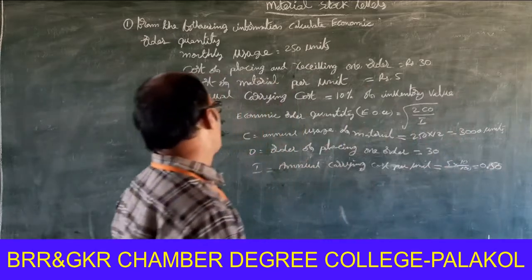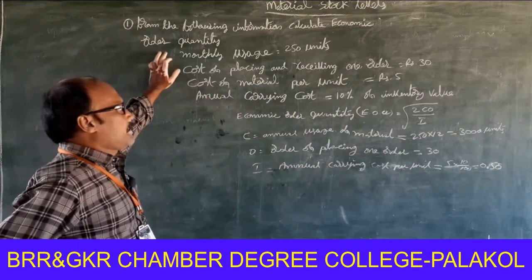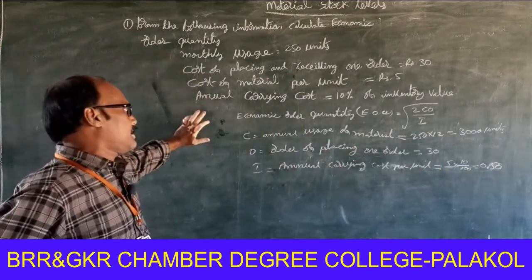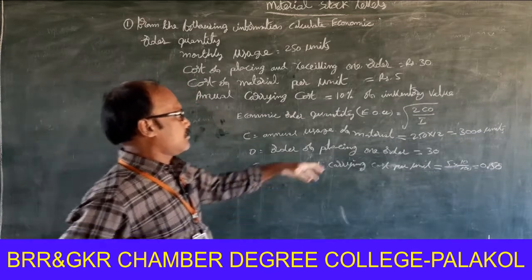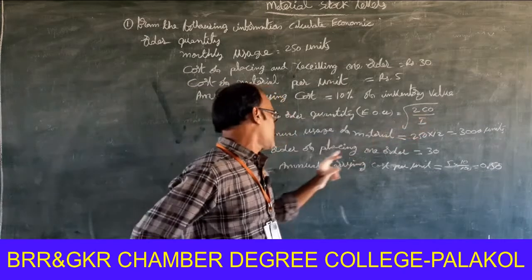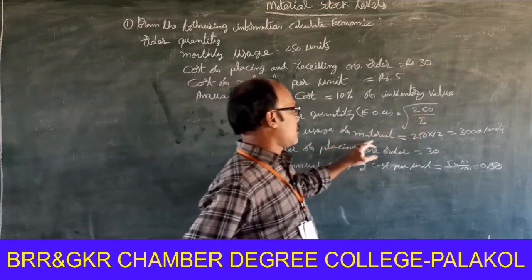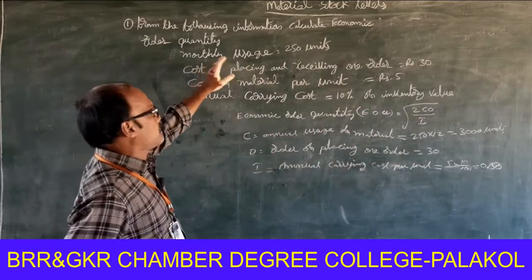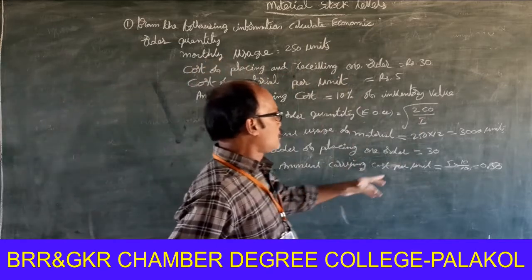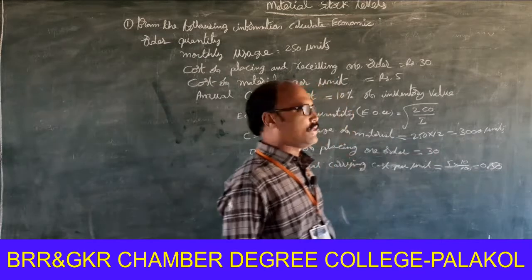Once again, economic order quantity is equal to the root of 2CO by I. C is equal to annual usage of materials. Monthly usage is converted into annual, 250 into 12, 3000 units.